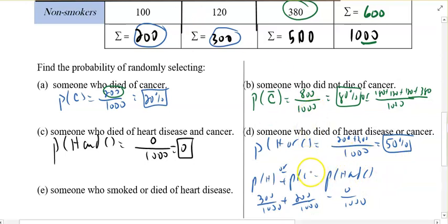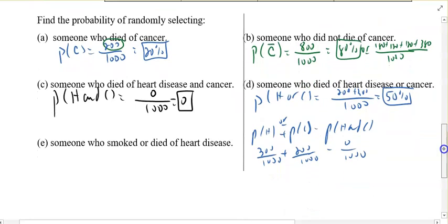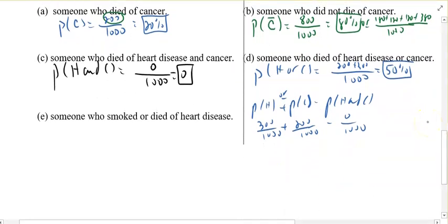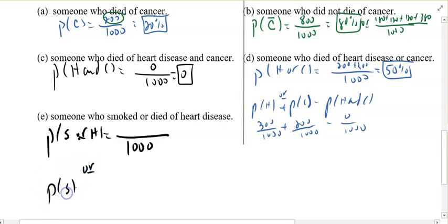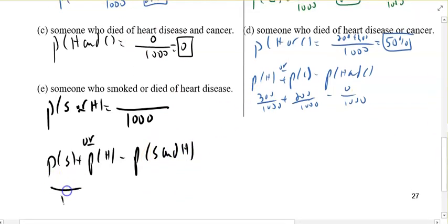All right. Almost there. E. Someone who smoked or died of heart disease. I could do the counting, or you could say the probability of somebody that smokes plus somebody who died from heart disease, minus the probability of a smoker who died of heart disease.